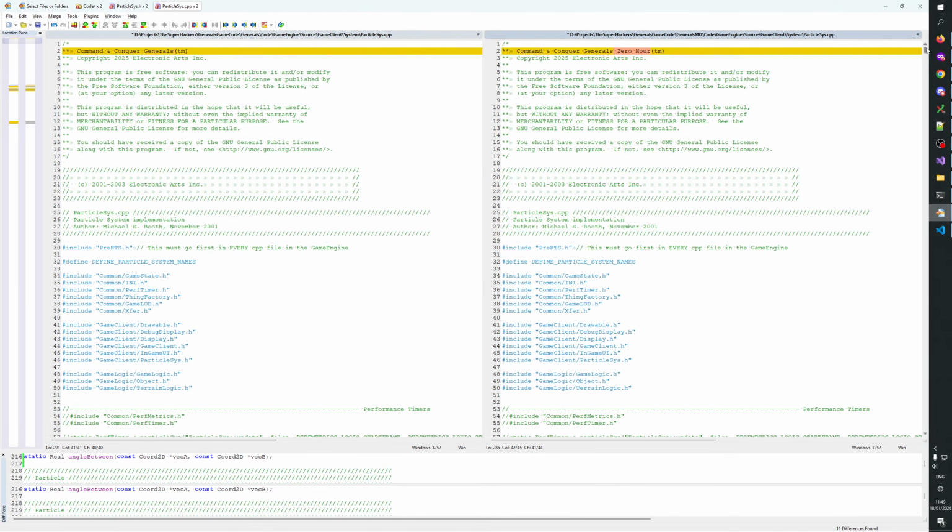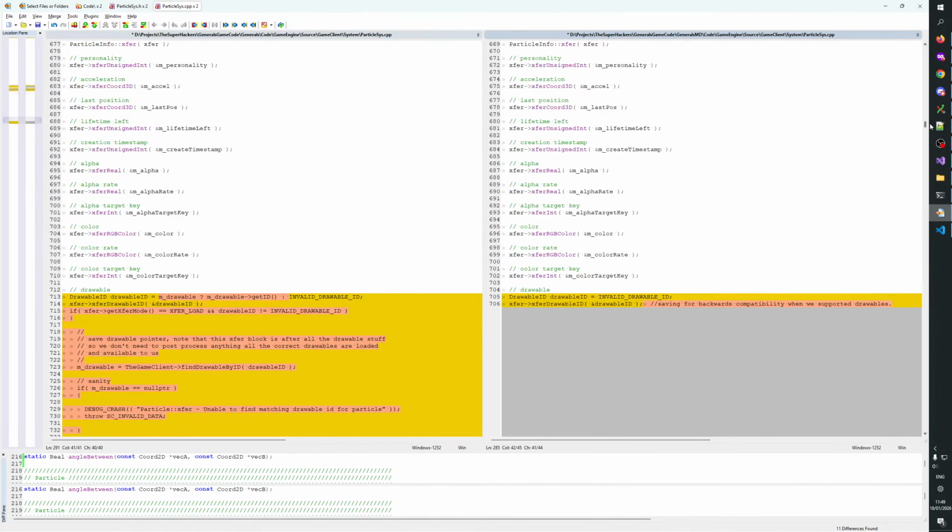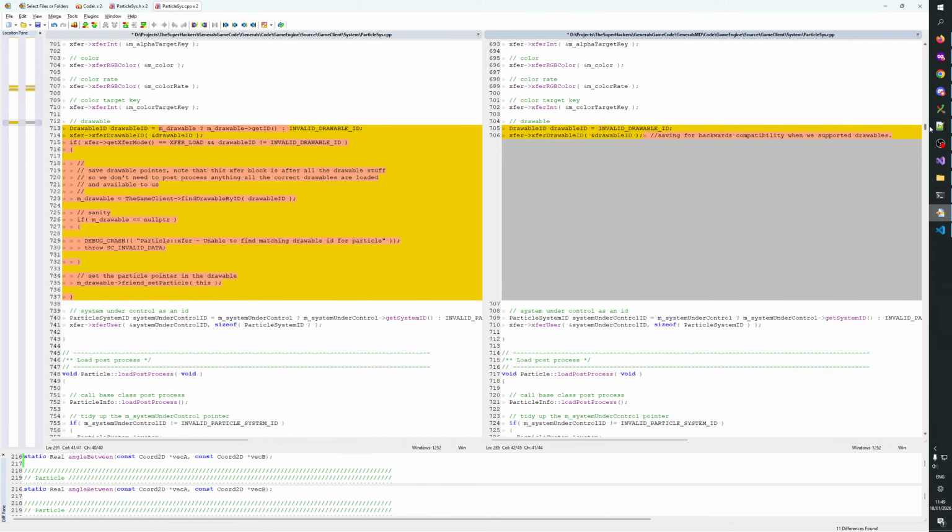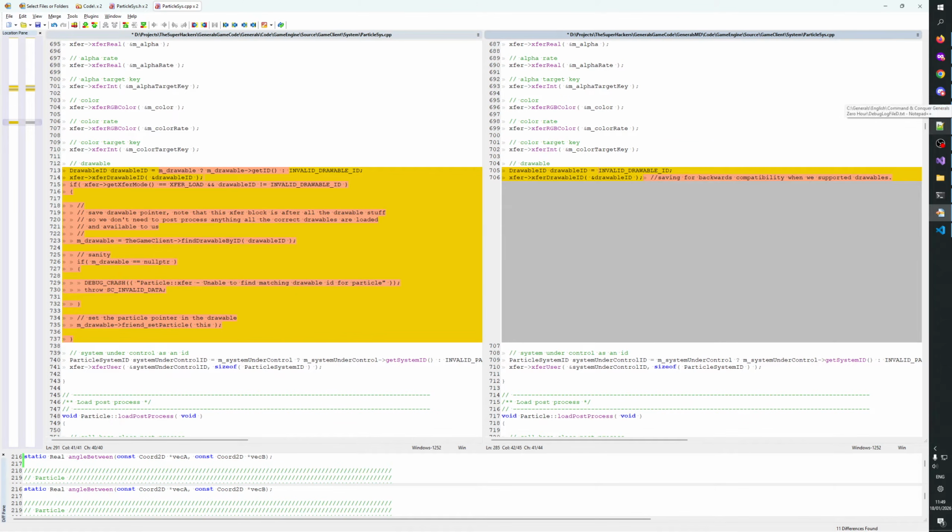Okay, there's not too much left here. A few things. So this drawable thing, backwards compatibility, yep. Drawable ID. Invalid drawable ID.